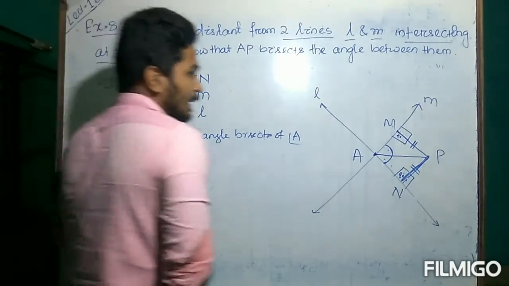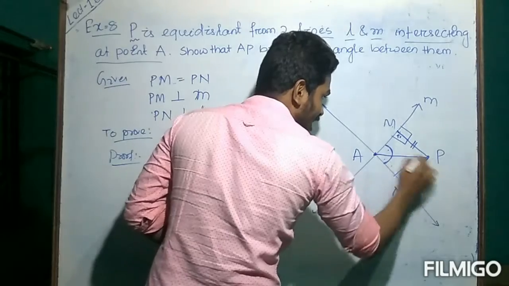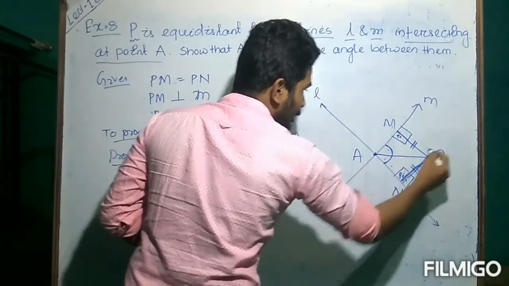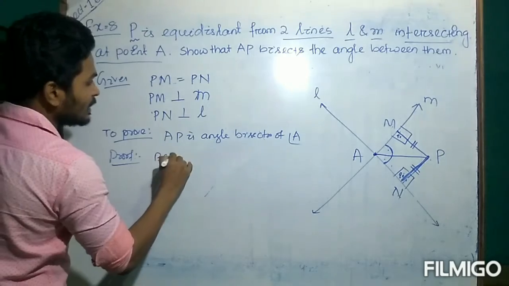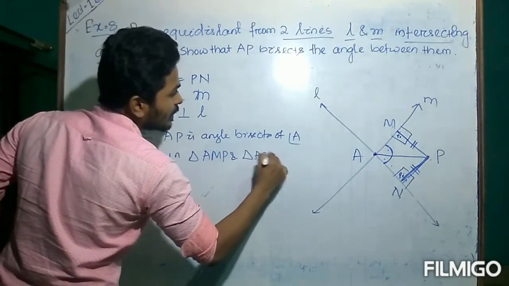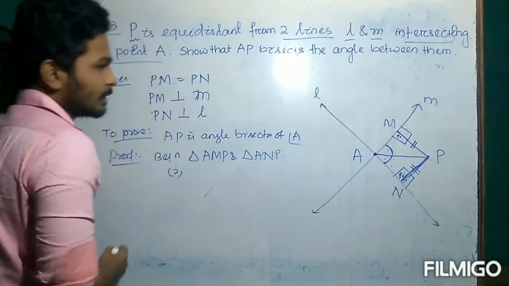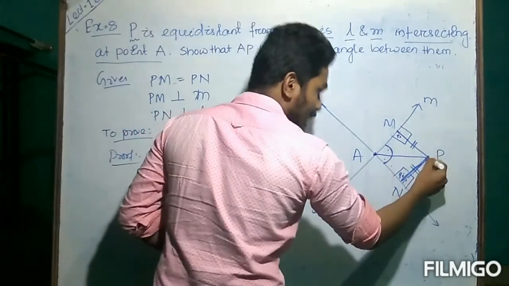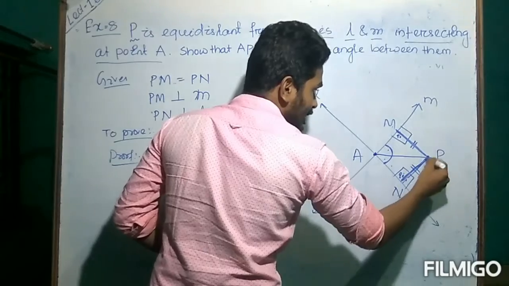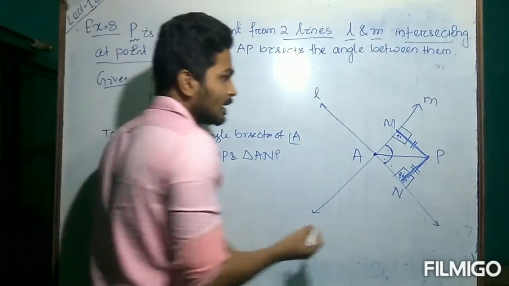Okay, see. In order to prove that this is the angle bisector of angle A, we have to compare these two triangles. Which triangles? AMP and ANP. So between triangle AMP and triangle ANP, what are the conditions here? In triangle AMP, this side is equal to this side. Clear?